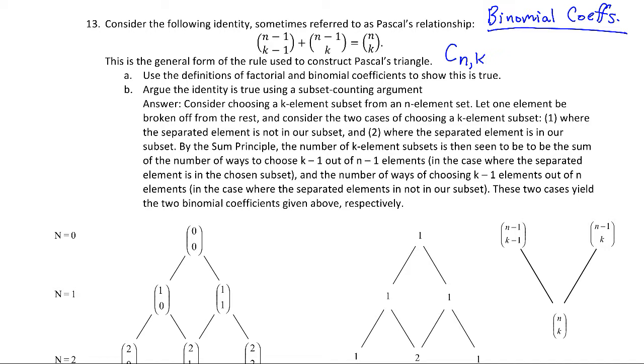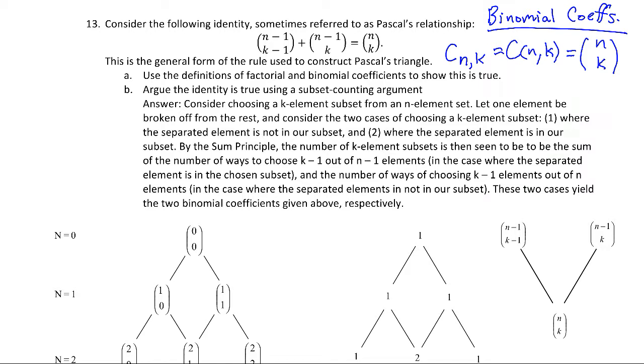And you might use the mnemonic that C stands for committee. This is the number of k-member committees that can be chosen from an n-member club. All right. And C(n, k) is sometimes written as C as a function of n, k, and it is also often written as just n, k above each other in parentheses with no slash in between.